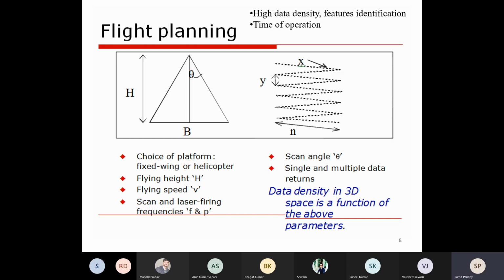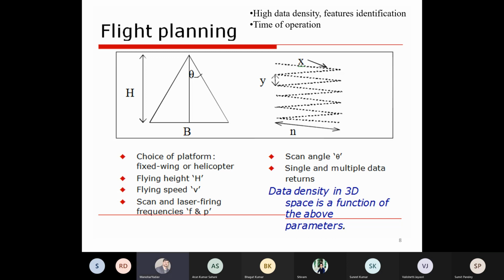So right to left and again left to right. In this case, if you start from the left, it goes left to right and then right to left. Yes, sir. So that will be capital N, and it is equal to pulse firing rate divided by scan rate. Is that fine?